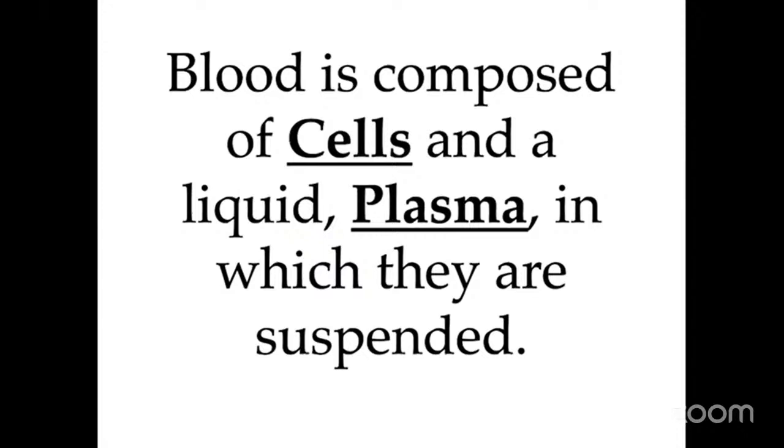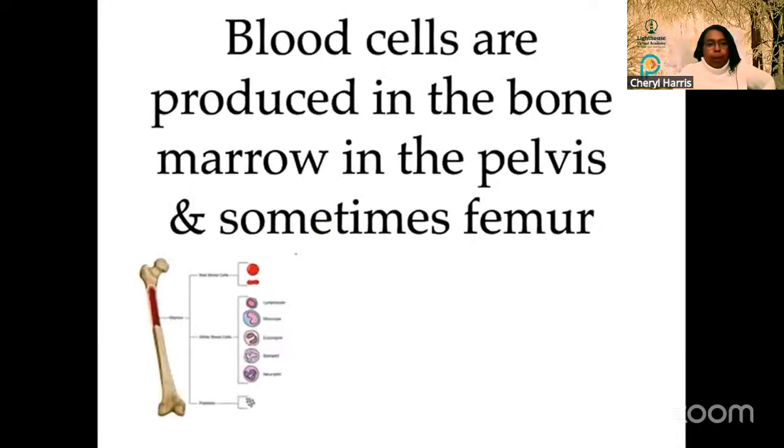In order to understand how we use blood in forensics, we have to understand what it's made of and what those parts are, so you can understand how we then use them to potentially solve crimes. Blood cells are produced in the bone marrow, in the pelvis, and sometimes in the upper part of the femur. Your other bones do have a middle substance of bone marrow, but it's not active.